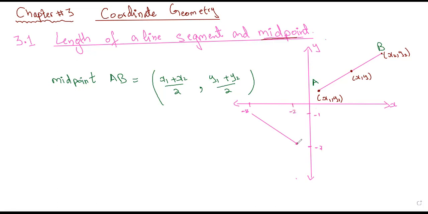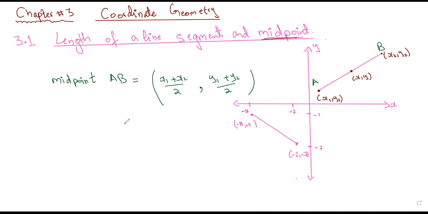So the coordinates of this point would be -2, -7. And what would be the coordinates of this point? Can anyone tell me? -8, -7. -8, -1. Okay, this is -1. That is okay. Okay, that's perfect.